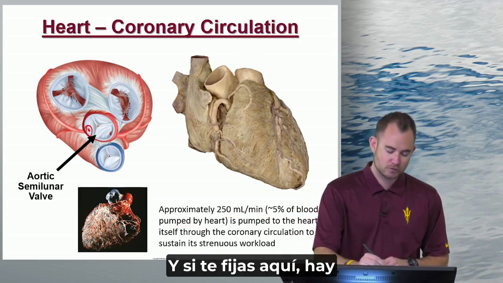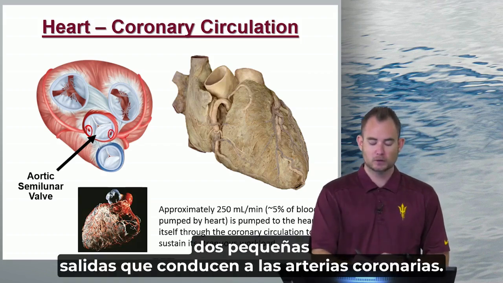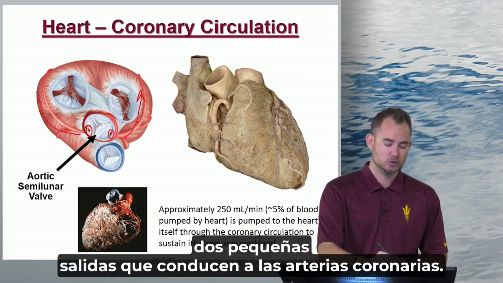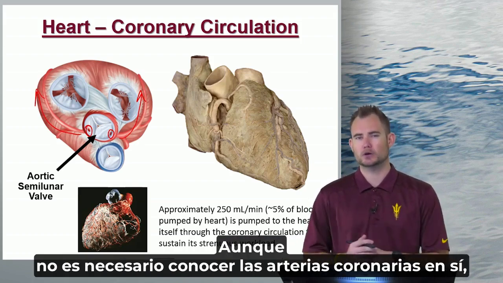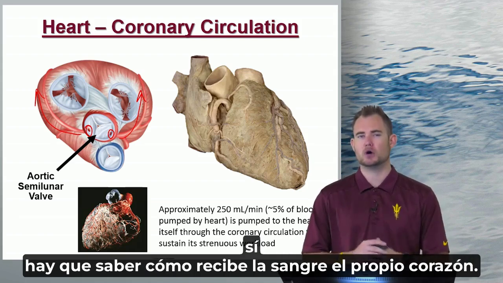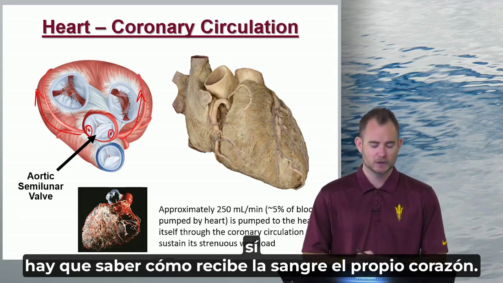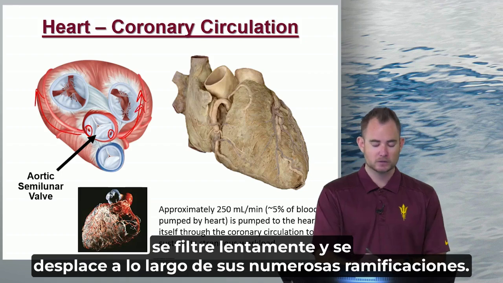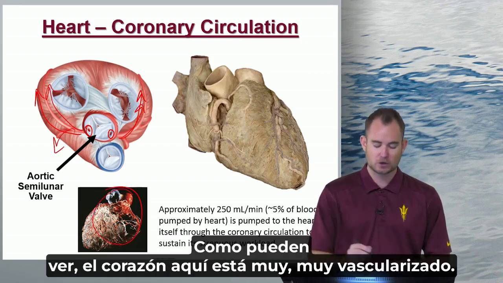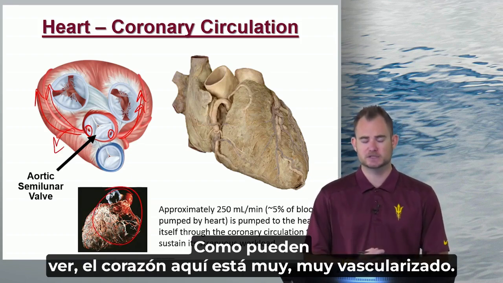And if you notice right here, there's two little outlets that lead into the coronary arteries. While you don't need to know the coronary arteries themselves, you do have to be aware of how the heart itself gets blood. So the coronary arteries just naturally act as drains and allow that blood to slowly percolate out and travel along its many branches. Okay? As you can see, the heart here is highly vascularized.